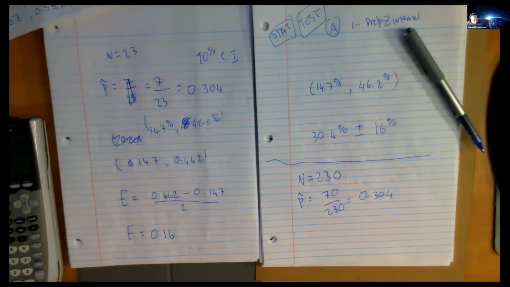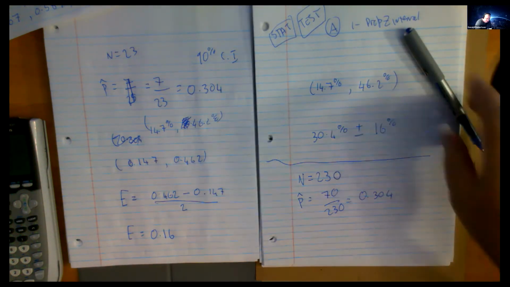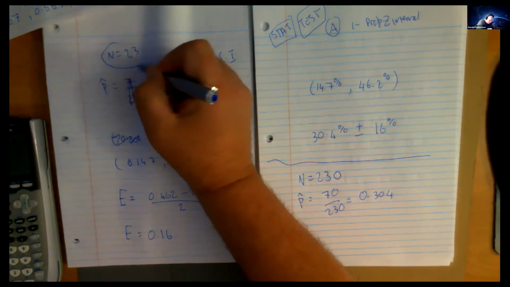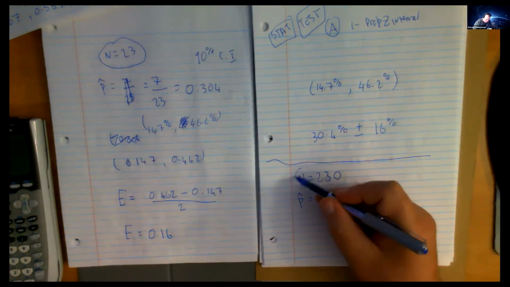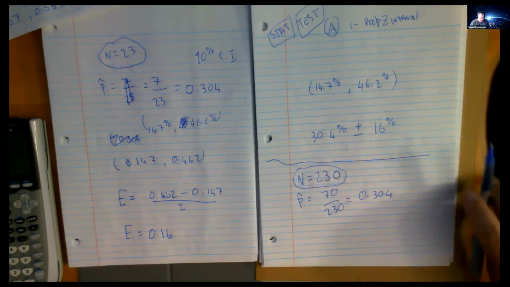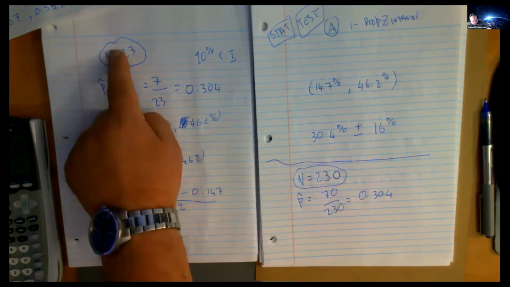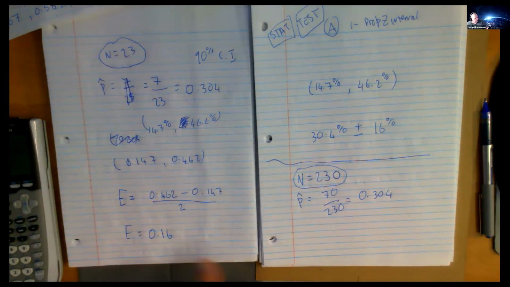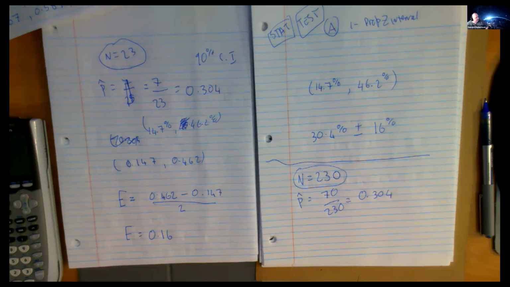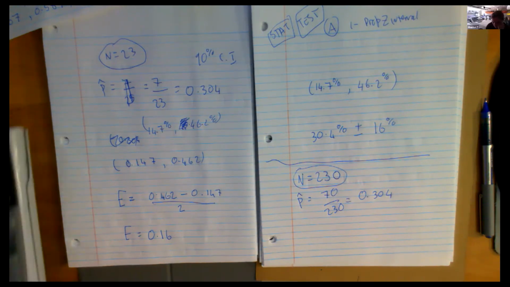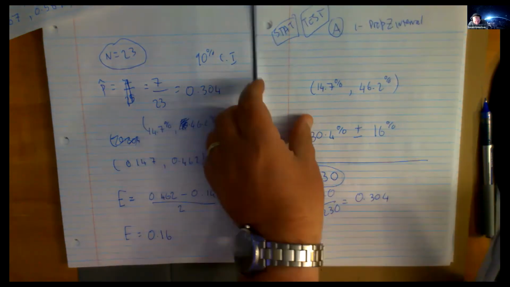So essentially, the only thing I'm doing with this question is increasing the size of the sample. What do you think is going to happen to this margin of error if I now increase the sample from 23 to 230? It'll decrease. It certainly should. Well, I'll stick this in the calculator and we'll find out.